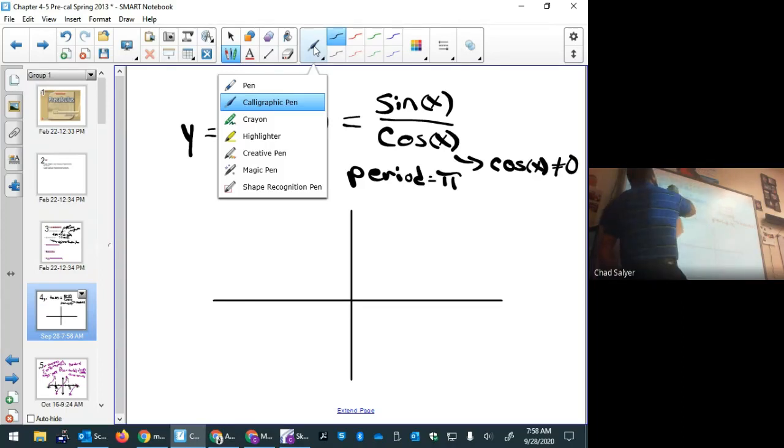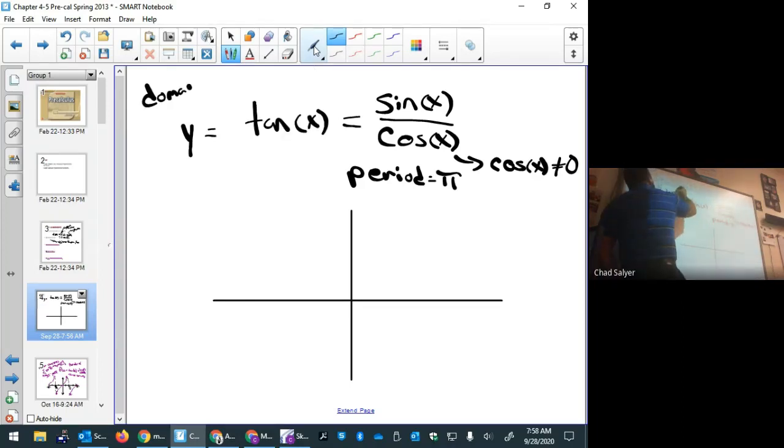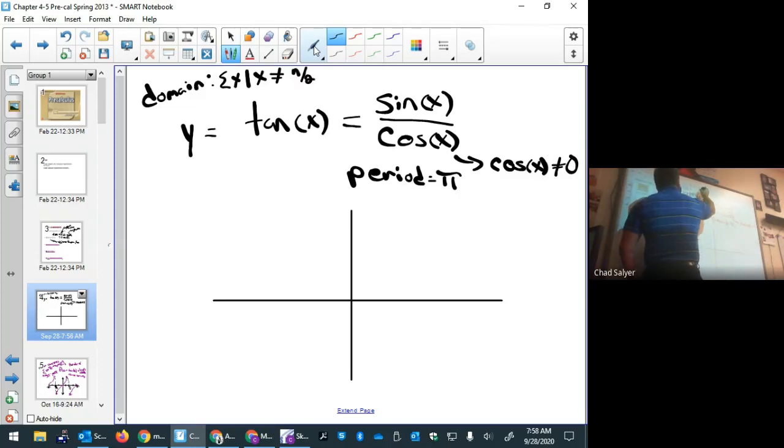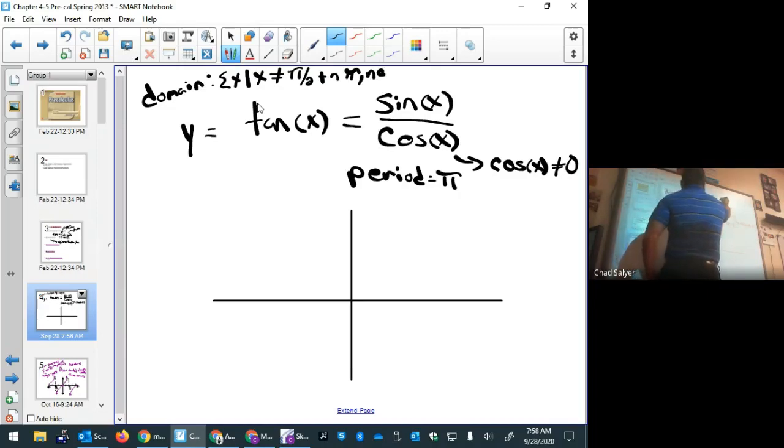Also, you remember the domain for sine and cosine was all real numbers. Here it's going to be x such that x is not equal to pi over 2 plus n pi, where n is an integer. Basically, think about where cosine is 0.